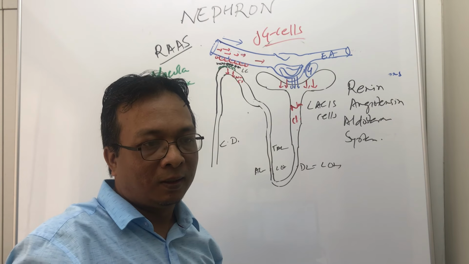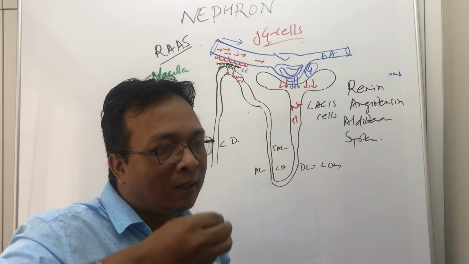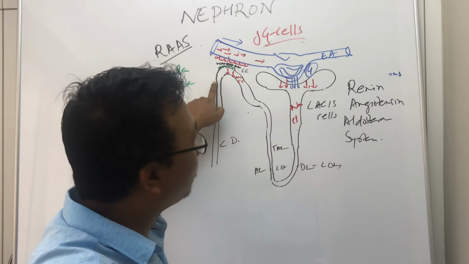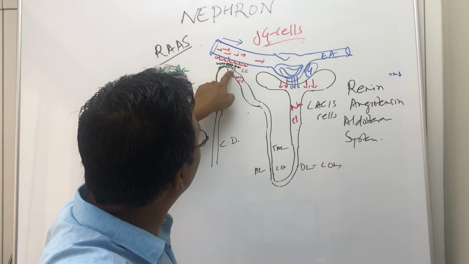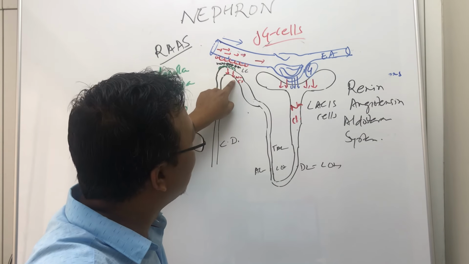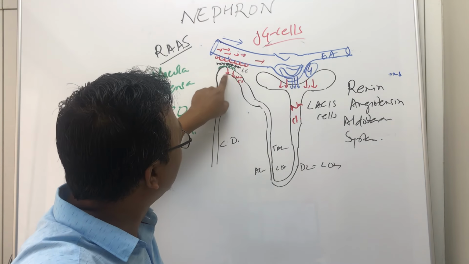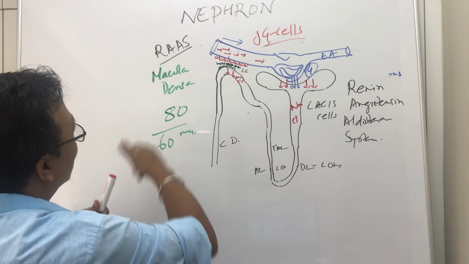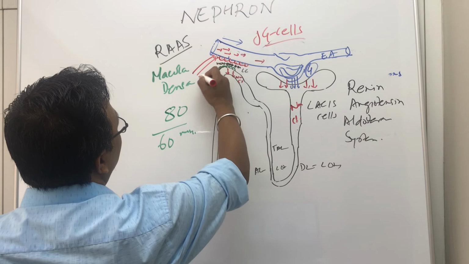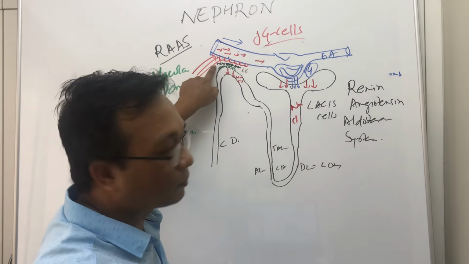They have a sensor system that senses there is less sodium chloride in the fluid passing through. So these macula densa cells, stimulated because of low sodium chloride or low flow of fluid through the distal tubule, will stimulate the JG cells.